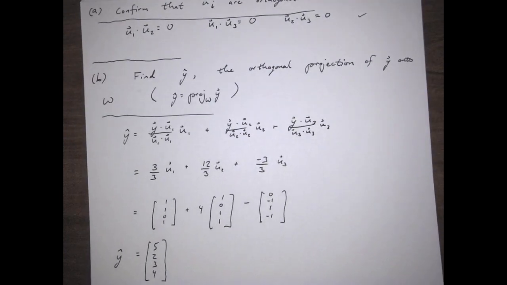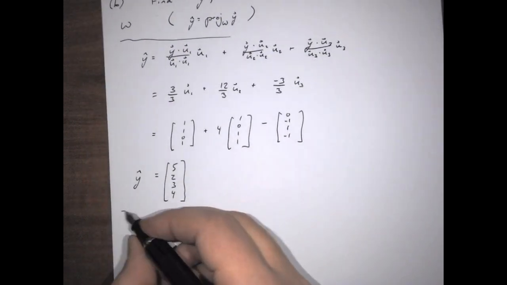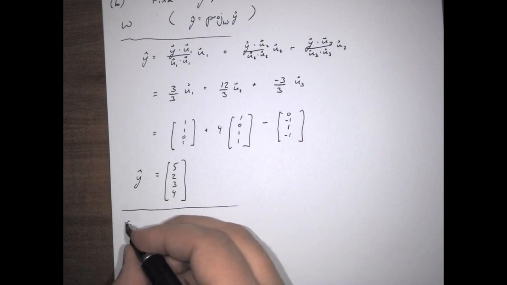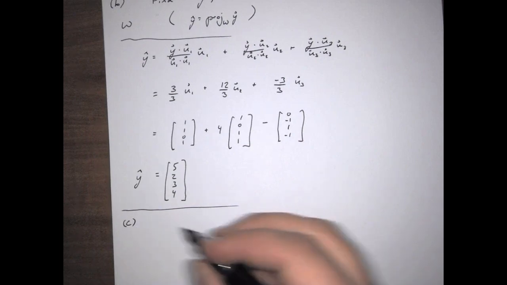Okay, so there is the orthogonal projection of y onto W. Now for B, that was that, and for C, let's say decompose.